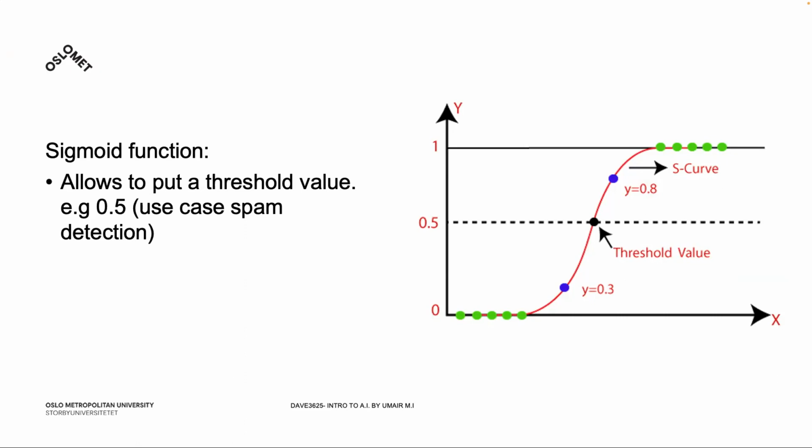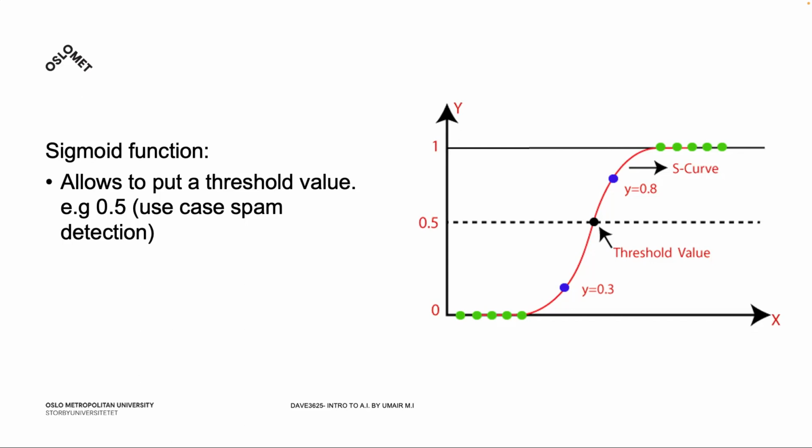So a threshold value of 0.5 means there's a 50% chance of something being one or the other. If you put the threshold value as 0.4, then you have a 40 and 60% chance of something happening one or the other. 0.3 is 70-30, 0.2, and so on.